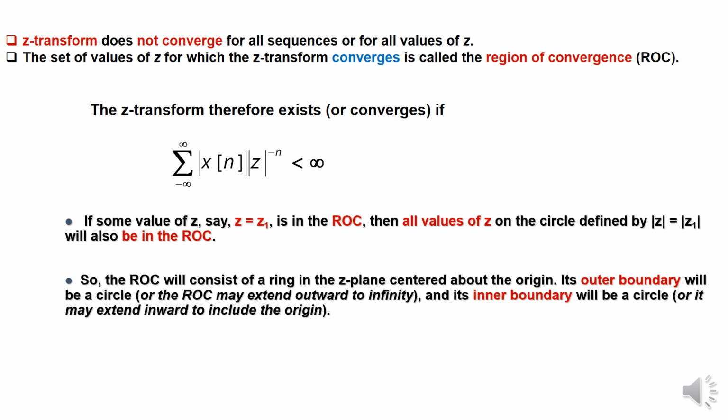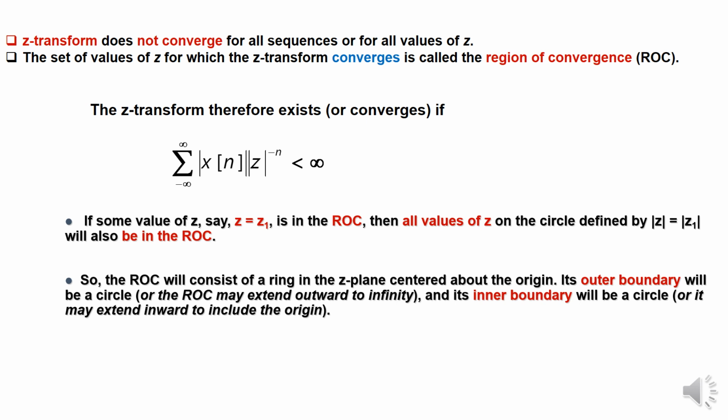For any series we can find the summation. When we are talking about a series, we have to talk about convergence. Convergence means if the summation of the series is less than infinity, we call that series convergent.